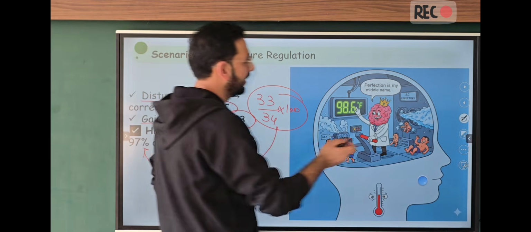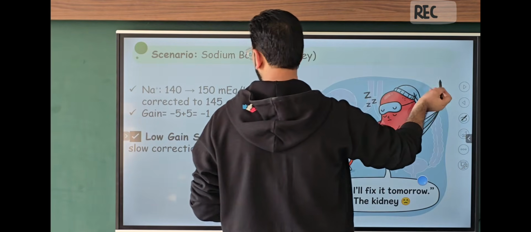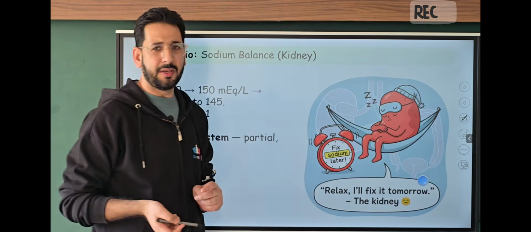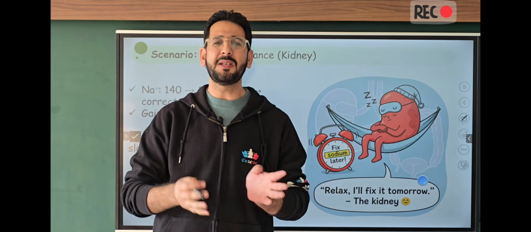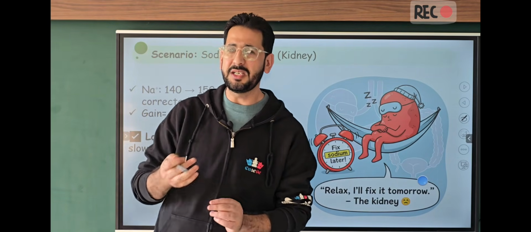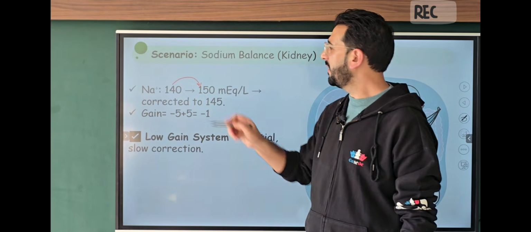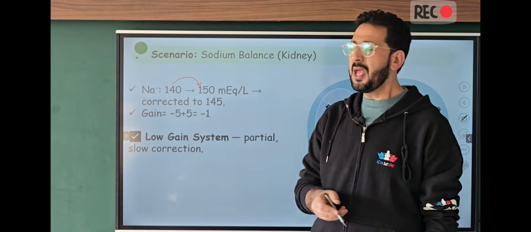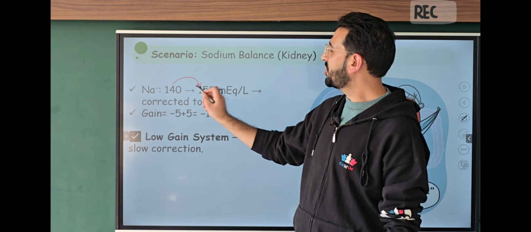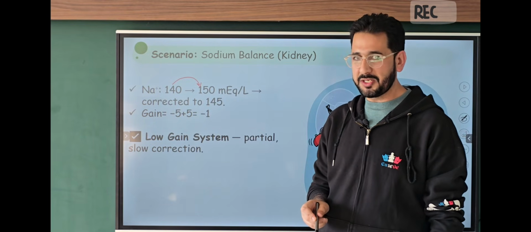Now, understanding the last example, for example, there is a sodium imbalance. The normal sodium is 140 milliequivalents per liter, for example, and it reaches from 140 to 150 milliequivalents per liter. That means the change is 10 milliequivalents per liter.